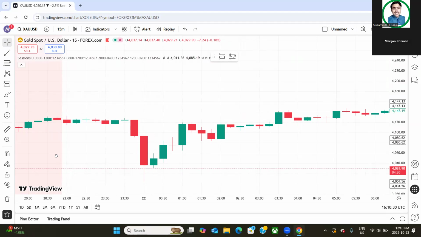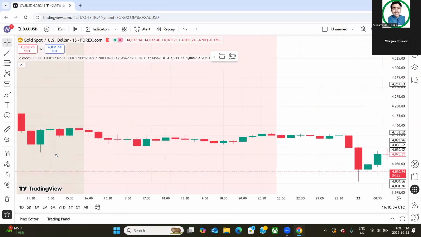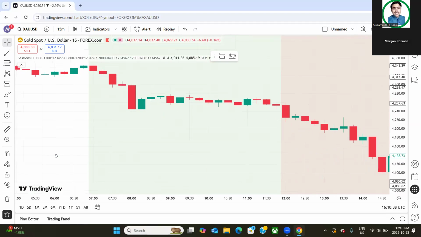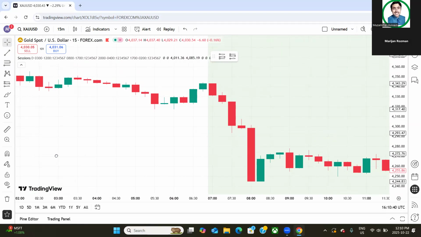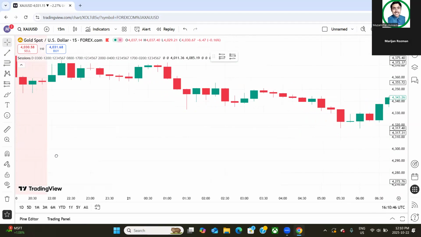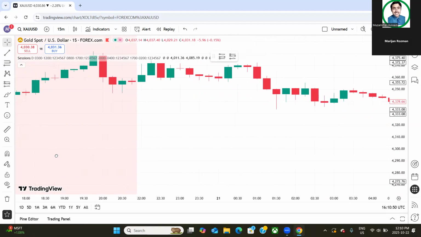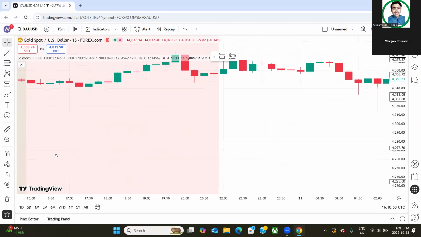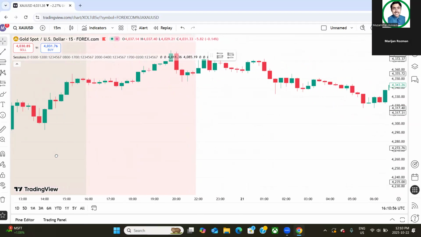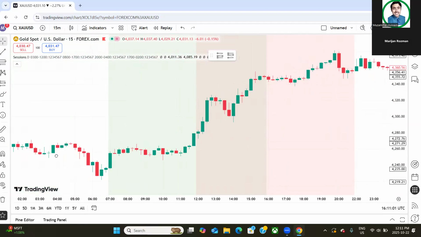So move back, 17th. Move more to the right.